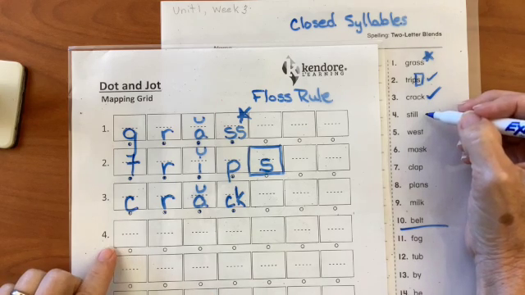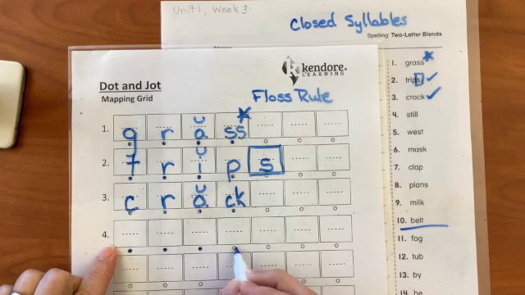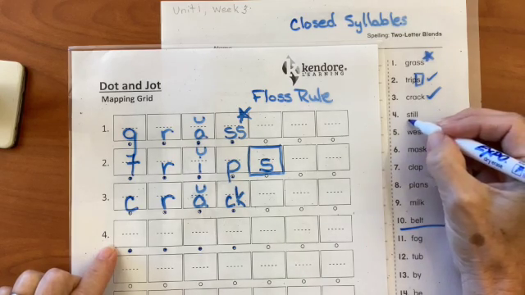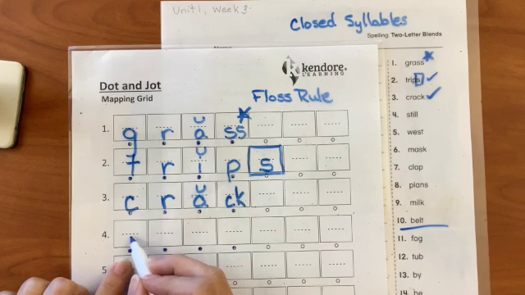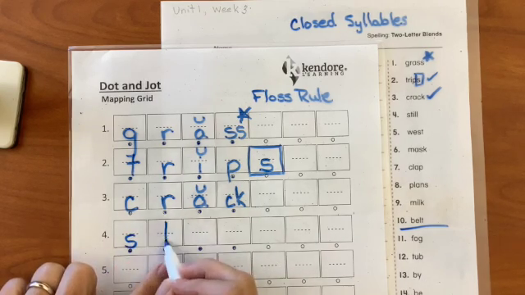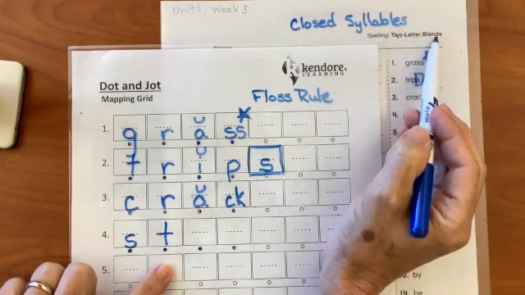The next word is still. Now you see it has 4 sounds because I put 4 dots down, but you notice over here there's 5 letters. I'll show you why. Still. There's my blend, and that's what you're doing today. 2-letter blends.